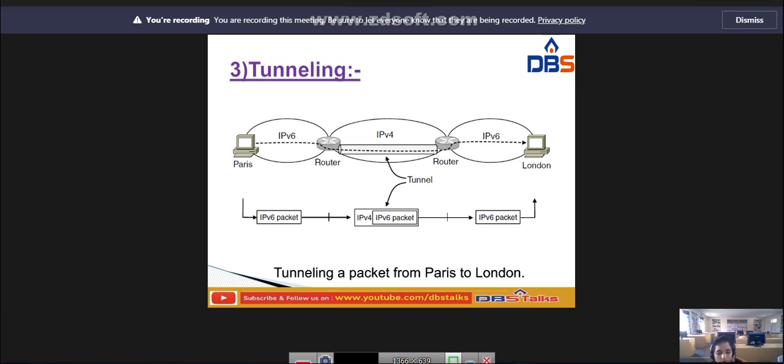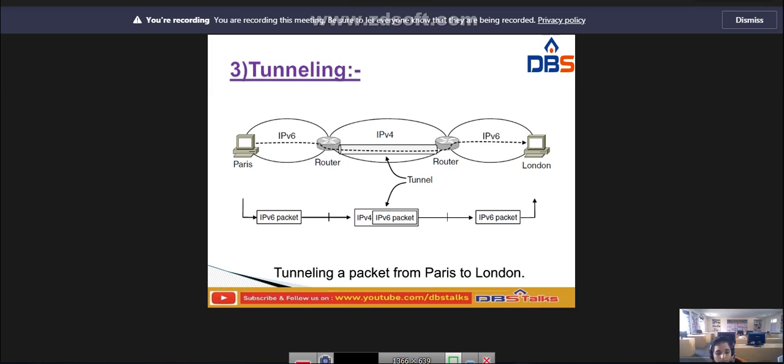The solution to this problem is the technique called tunneling. To send an IP packet to a host in the London office, a host in the Paris office constructs the packet containing the IPv6 address in London and sends it to the multi-protocol router that connects the Paris IPv6 network to the IPv4 internet.